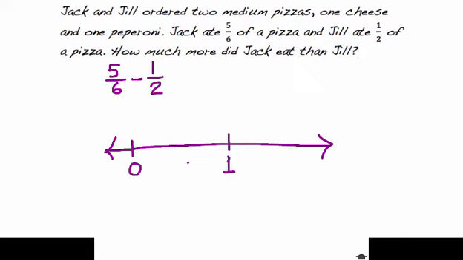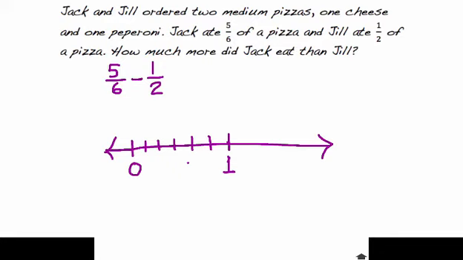So I'll break up from 0 to 1 into 6 pieces. So 1, 2, 3, 4, 5, 6 pieces. And because we're going to be subtracting, I know that 5/6 take away 1/2, my solution will be less than 1. So my number line looks good from here.